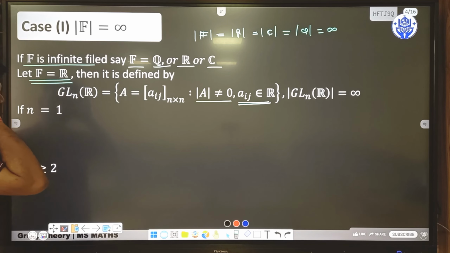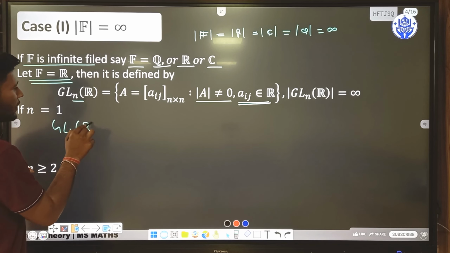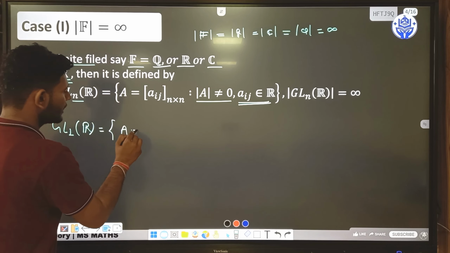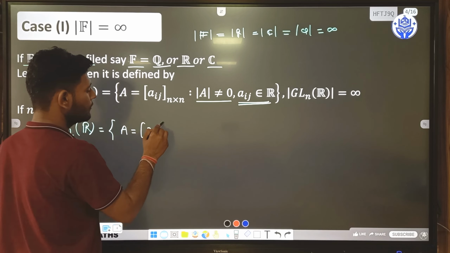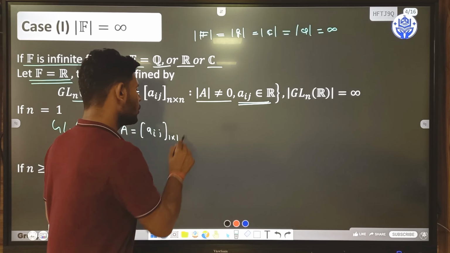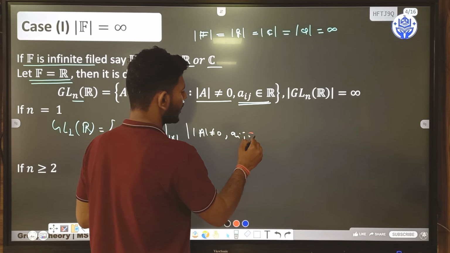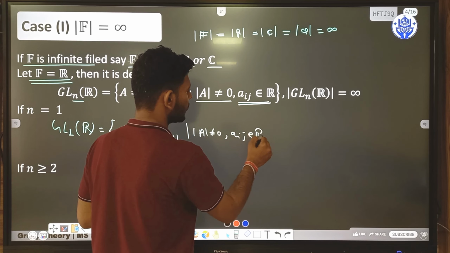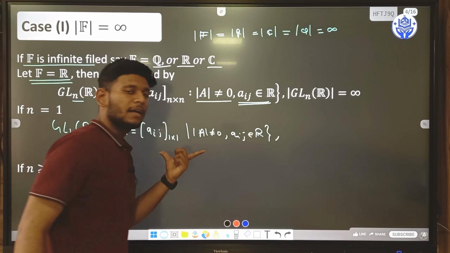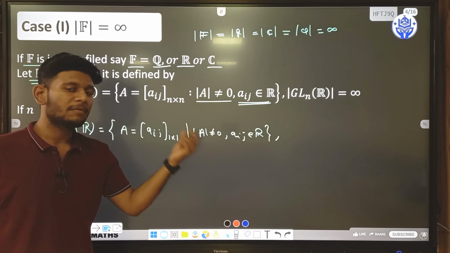Now if I take n equals 1, what is the meaning of n equals 1? I'll define GL_1 over R. This is nothing but A equals A_ij of 1 cross 1. It means all those 1 cross 1 matrices whose determinant is non-zero and whose entries are from the real numbers.